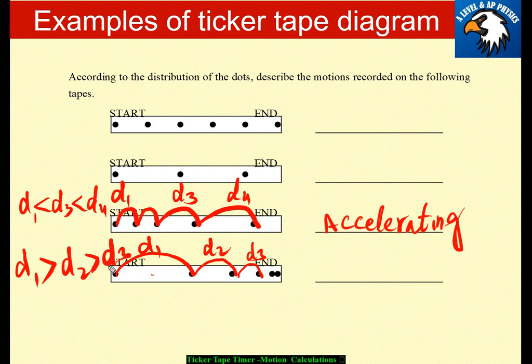As the time between any two dots is the same, but the body is covering shorter and shorter distance, as d1 is greater than d2, what can we say about that one? We can simply say the body is decelerating, or we can say the body is slowing down.